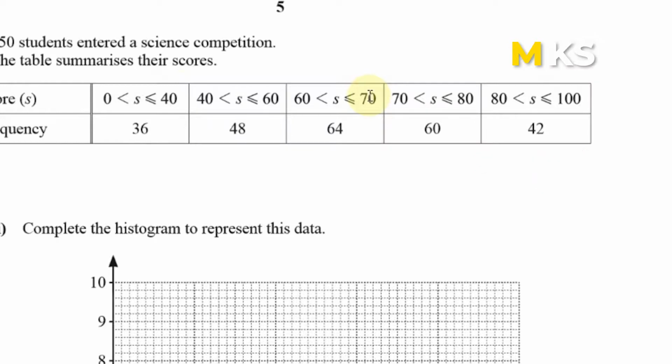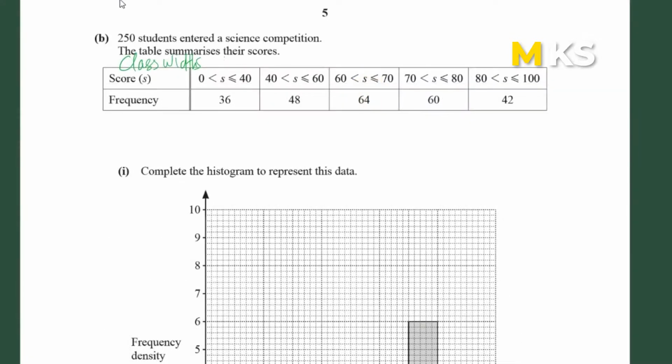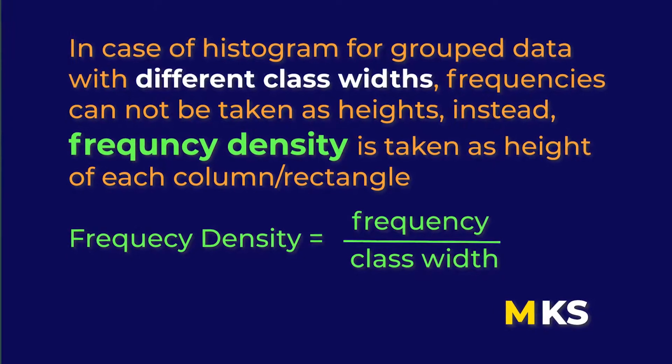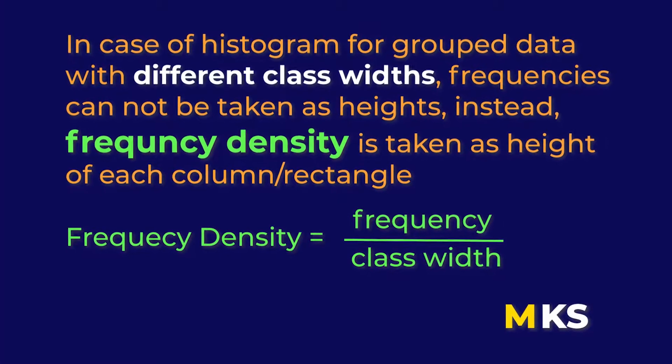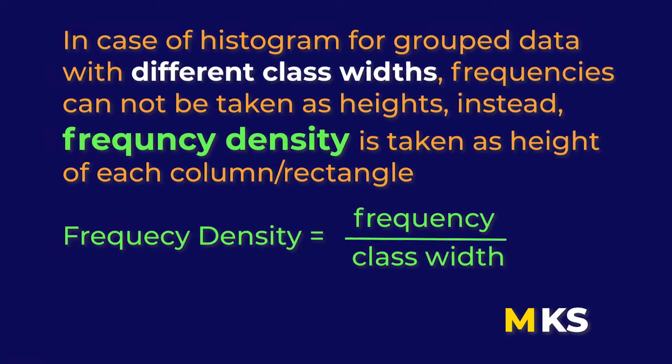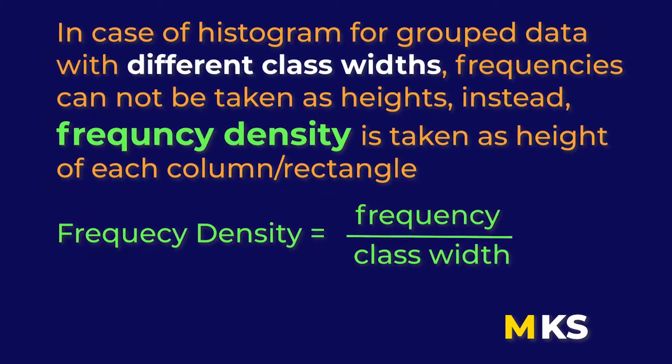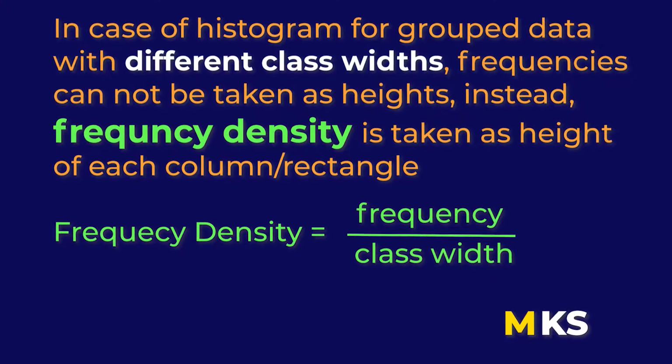This is grouped data in which each group has a different class width. This gap is called class width. The first class has a gap of 40, the second 20, then 10, then 10, and then 20. Where grouped data is given and the classes have different class widths, frequencies cannot be taken as the heights of the histogram.